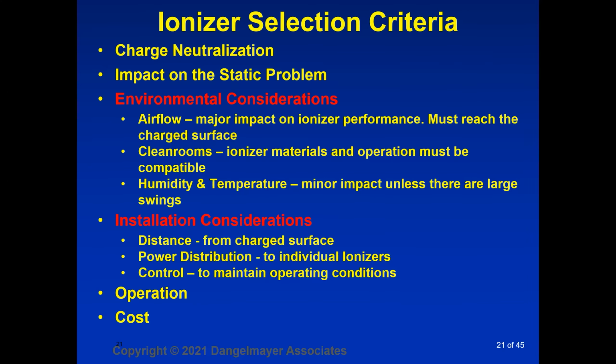Your ionizer may need some type of feedback control to maintain its operating conditions, depending upon the sensitivity of the products you're trying to protect, depending upon the variations in the environment, humidity, temperature, and airflow that may occur. There are operation considerations and cost you may not be really concerned about, but we'll talk about these in more detail.